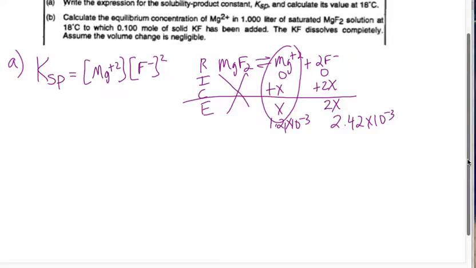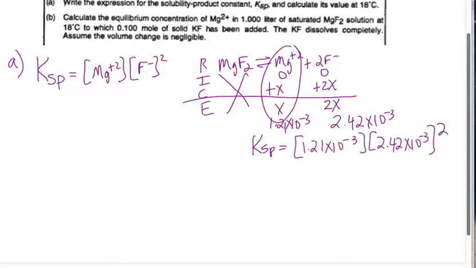So now how do we solve for the KSP? Plug it into the expression, which we already have. So we do 1.21 times 10 to the negative third times 2.42 times 10 to the negative third squared.